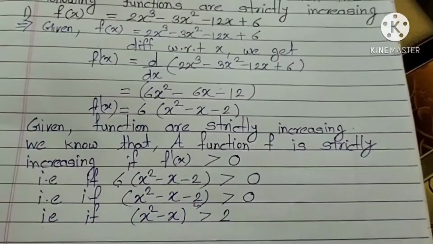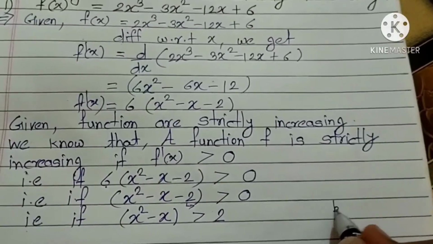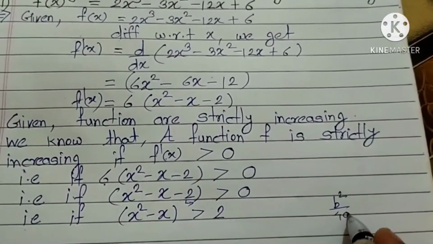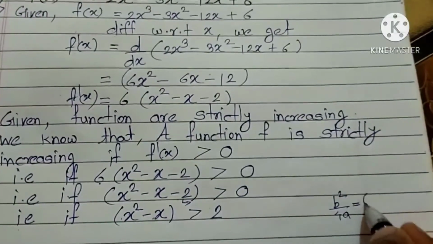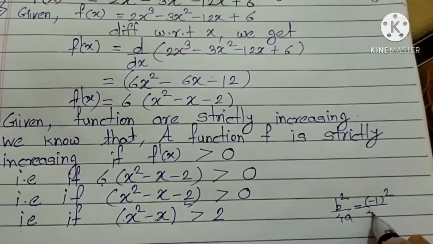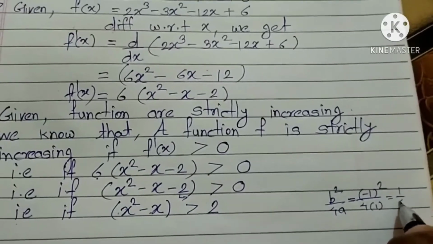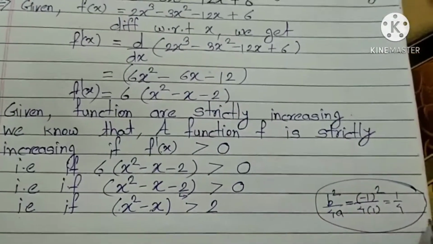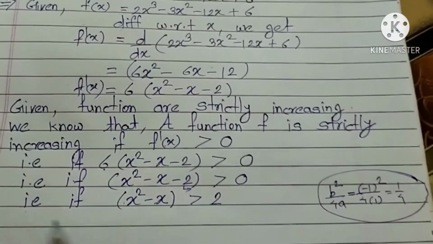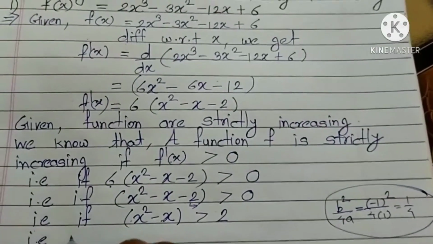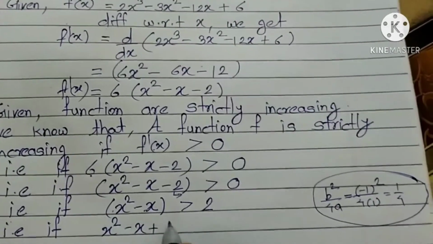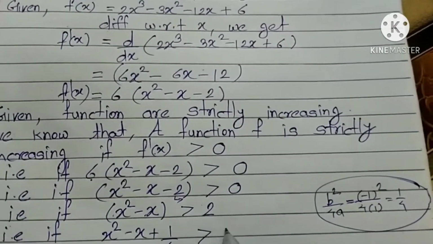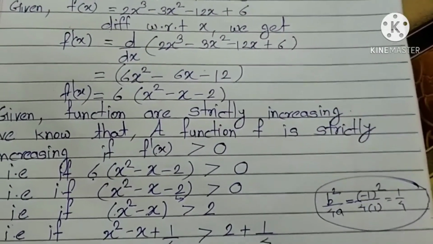Okay. Now use here one formula, that is b square upon 4a. Here b is minus 1 and a is 1. So minus 1 square upon 4 into 1, which is 1 by 4. Now add and subtract 1 by 4 on both sides. So here we add only 1 by 4 plus 1 by 4 is 2 plus 1 by 4.